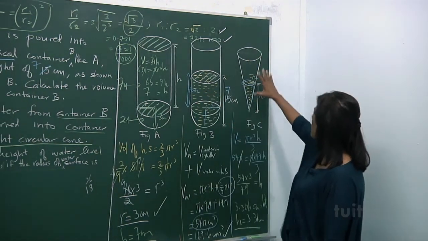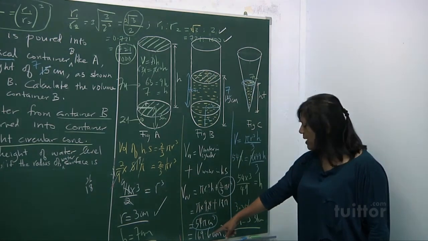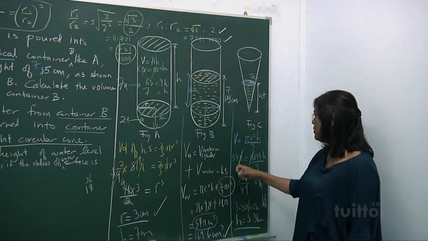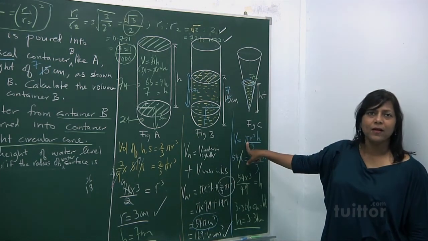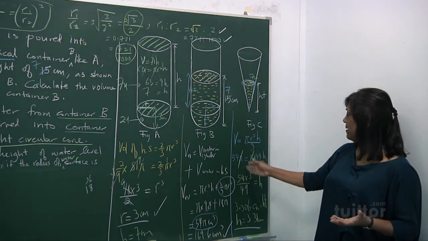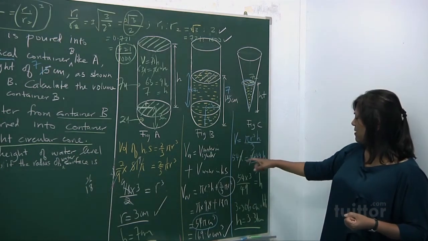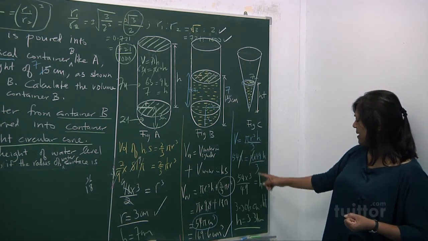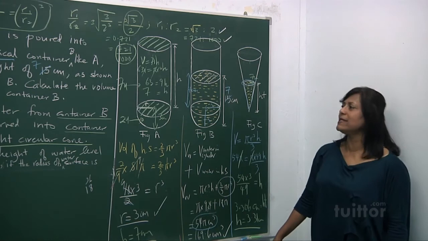This whole water is going here, and we know that the water is 54 pi. Why should I take 170 cm cubed when I could take 54 pi? And there's also a pi here, which will be eliminated as we try to solve for h. So look at that very simple reasoning. Your height is 3.31 cm.